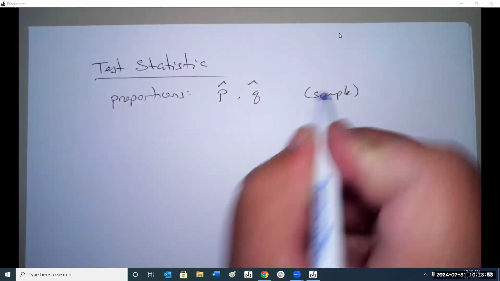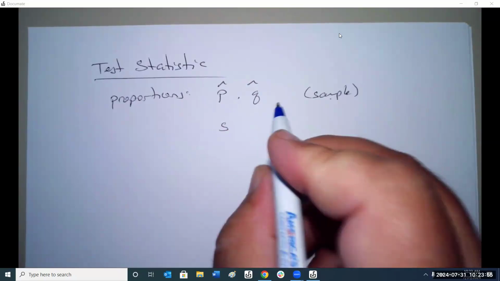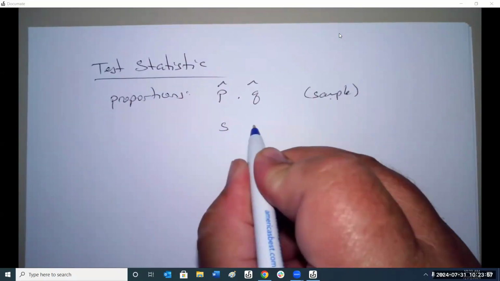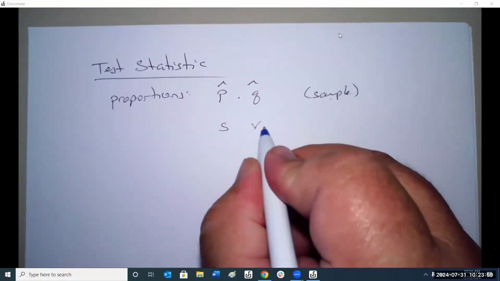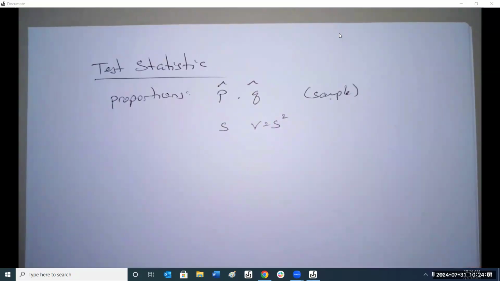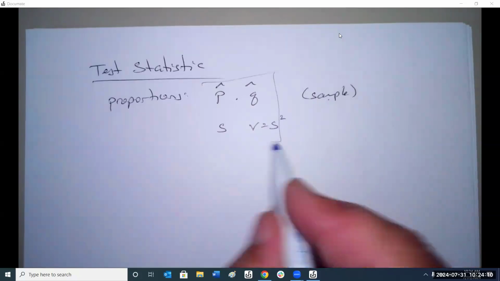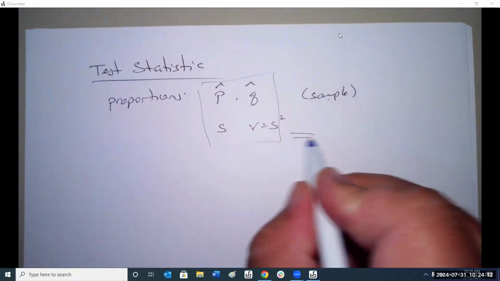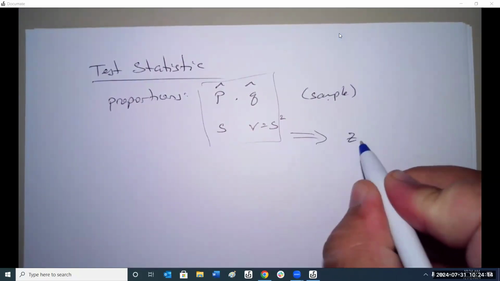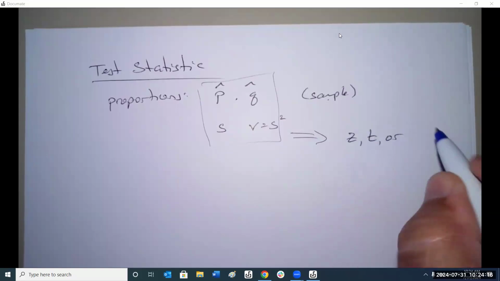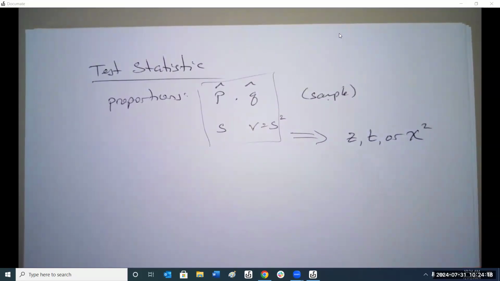And for the sample, we use the deviation or the variance, which is S squared. So once we get these, we find the Z, T, or chi-square, whatever we're being asked for.